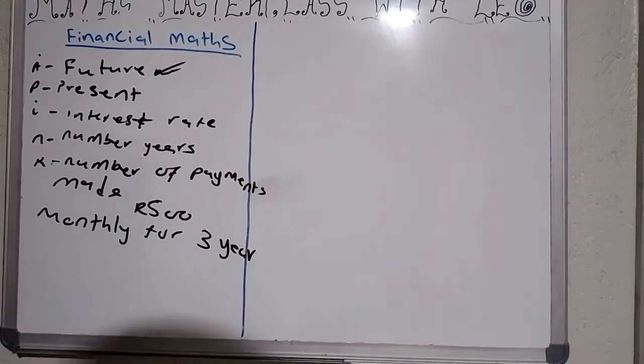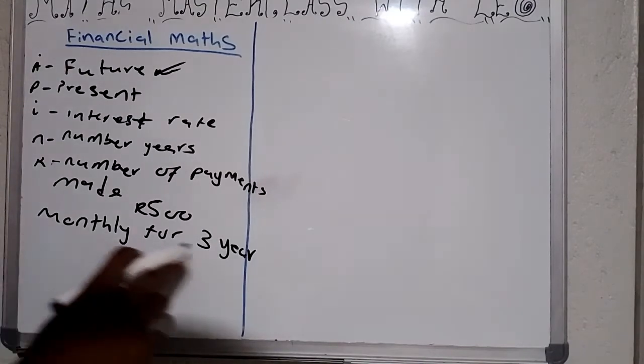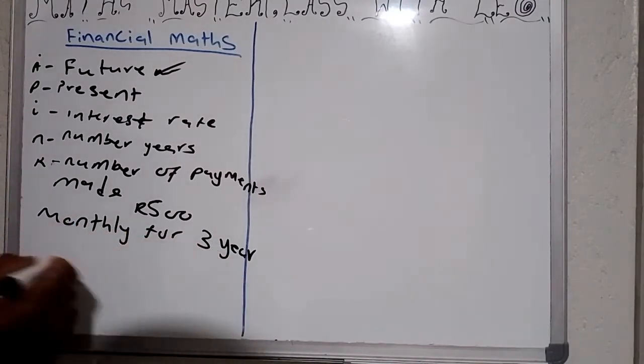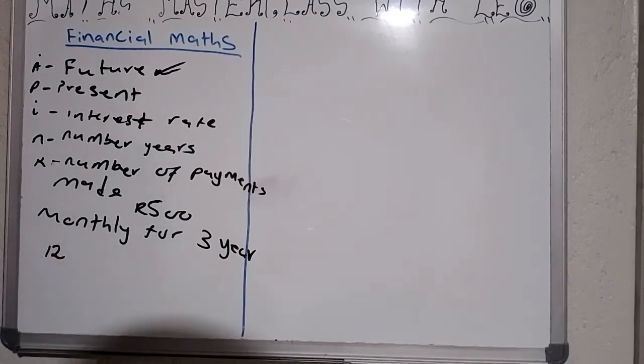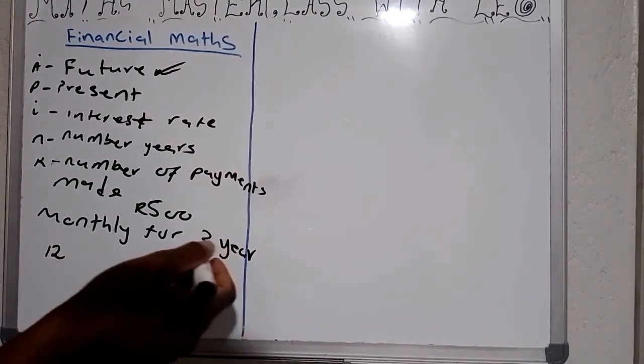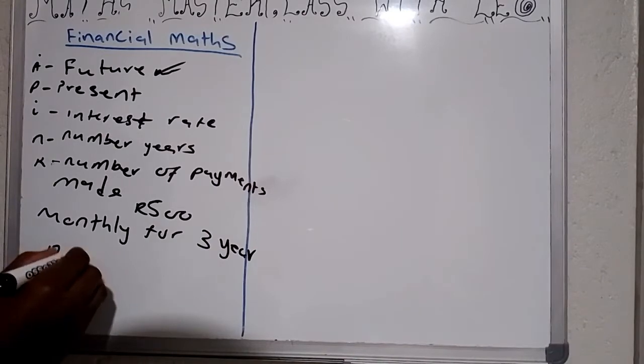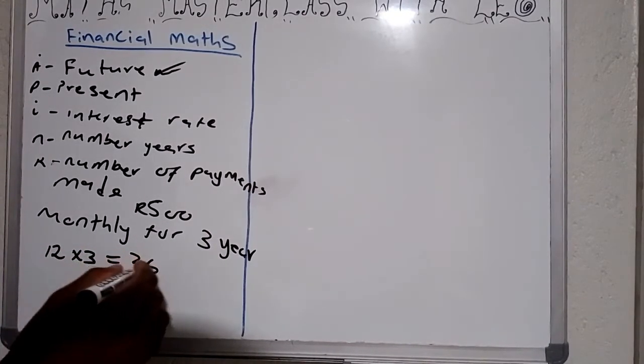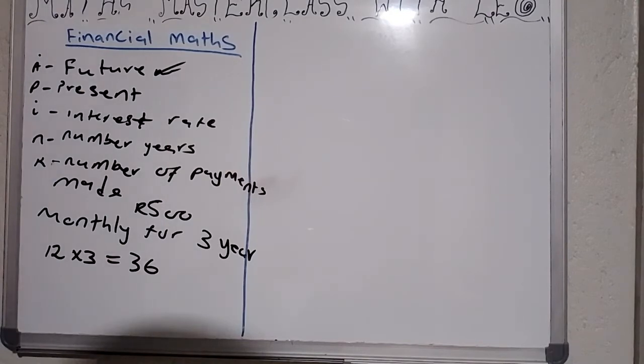You are paying it each and every month for how many years? For 3 years. So in a year, we have 12 months, so I'm going to take this 12 and multiply it by 3. So in 3 years, I'm going to have 36 payments. That is the value of K, right?